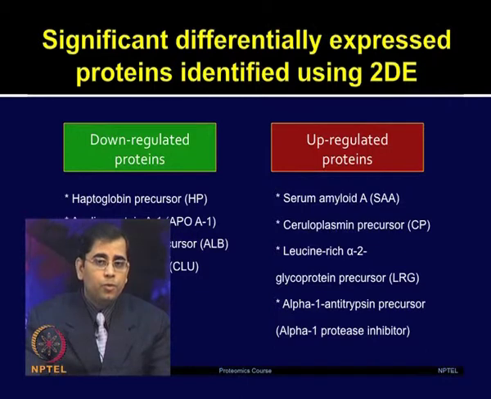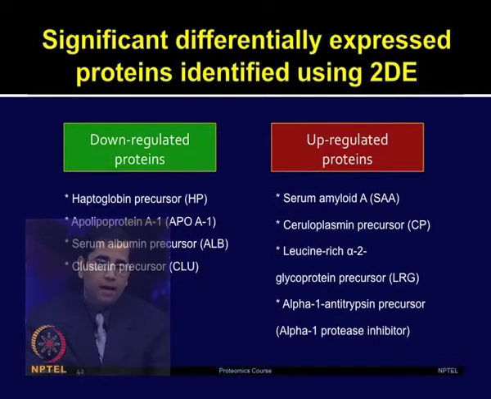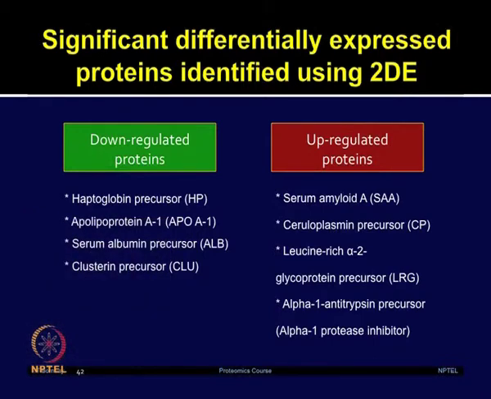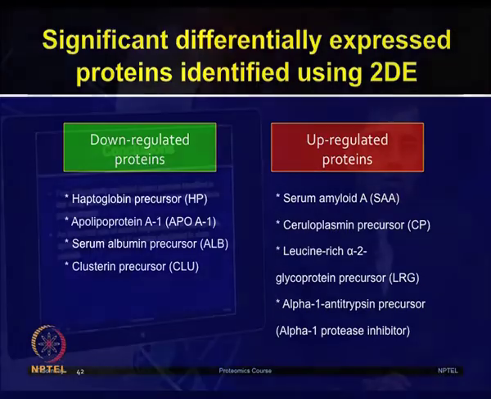And these are some of the proteins listed here, such as haptoglobin, apolipoprotein A1, serum albumin precursor and clusterin. These were down regulated, and serum amyloid A, ceruloplasmin precursor, leucine rich alpha 2 glycoprotein precursor and alpha antitrypsin precursor. These proteins were upregulated among many other proteins.